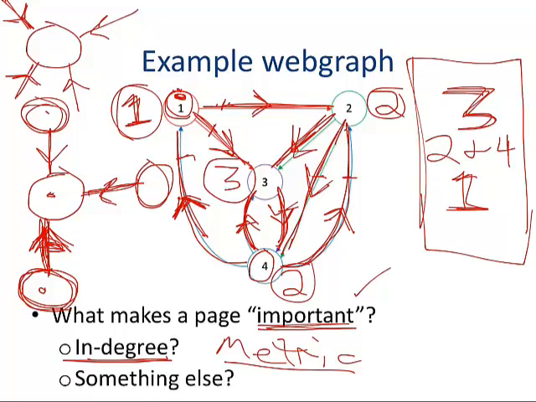But if those are not 3 pages that are important, then I might not be very important as a result. But if I get pointed to even just by 1 page, and that 1 page happens to be very important, that can make me also very important. So we can't really just use in degree as a notion of importance. We have to come up with something else.